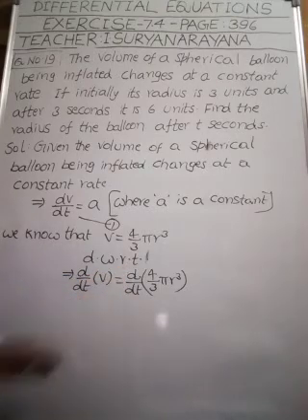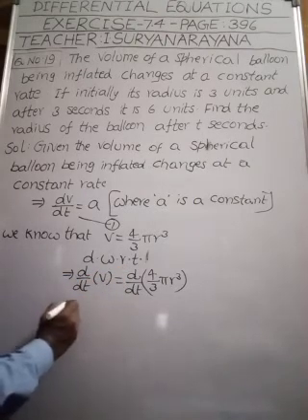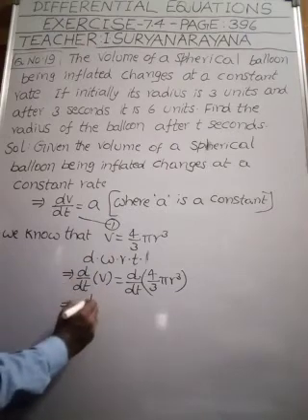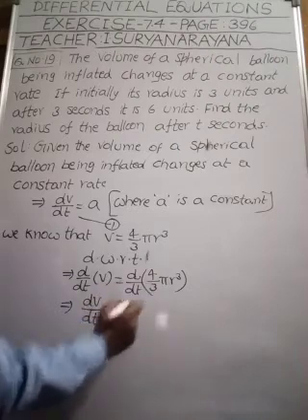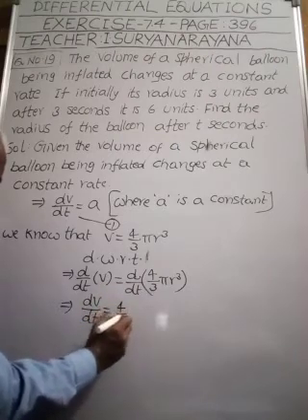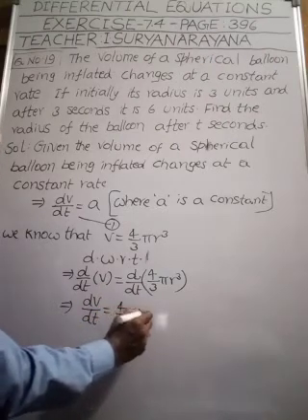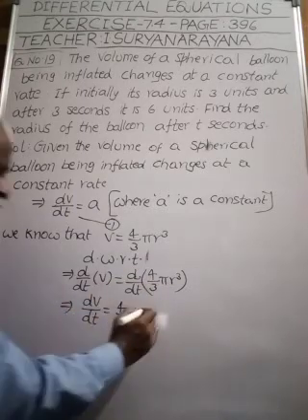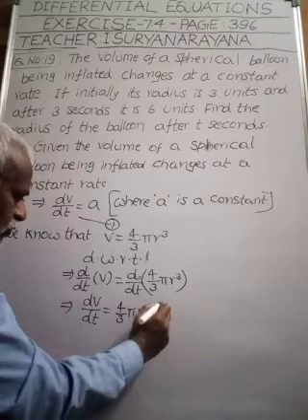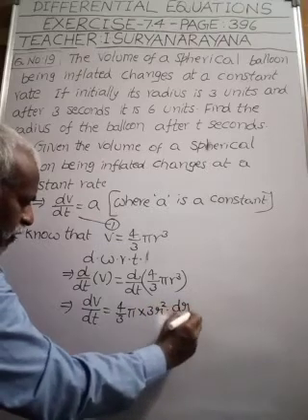So I wrote d by dt on both sides. Understood this step, my children? Right. This implies d by dt of V. How do you write? dV by dt. Yes or no, my children? Right. 4 by 3 pi is a numerical coefficient, into d by dt of r cube. What will you get? 3r square into dr by dt.